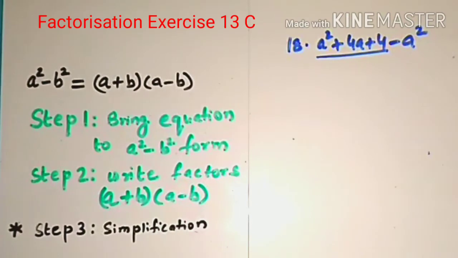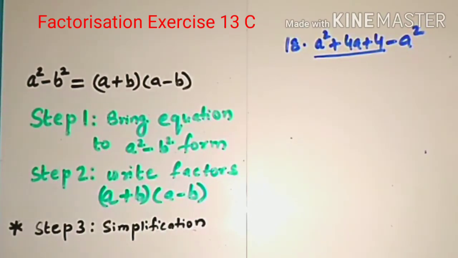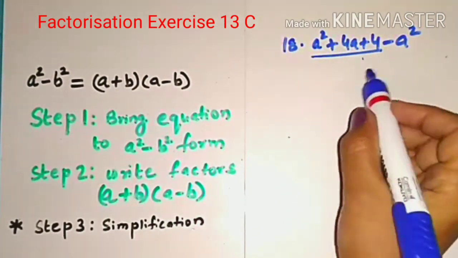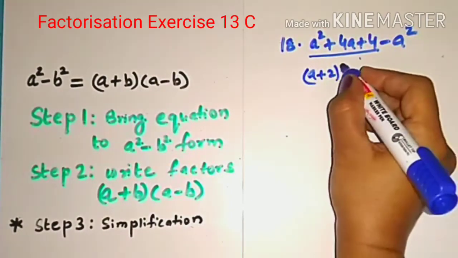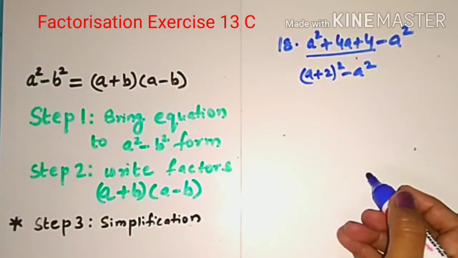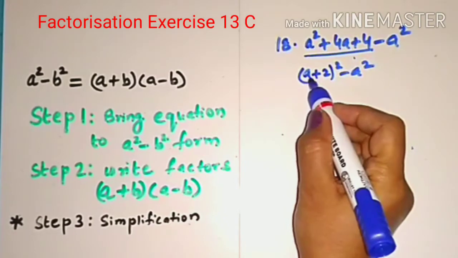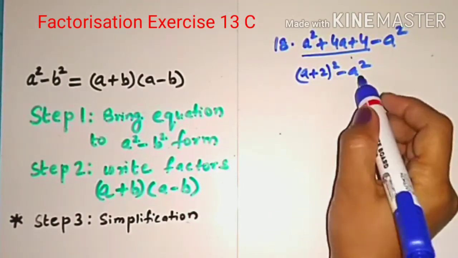Sum number 18. It is slightly different than other sums. These three terms we have to change into a perfect square. I will change them to (a plus 2) whole raised to square minus a square. How I did that I will show you, but let us first complete this sum. Now we have this in the form a square minus b square.